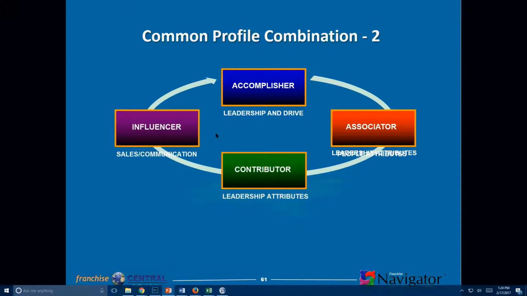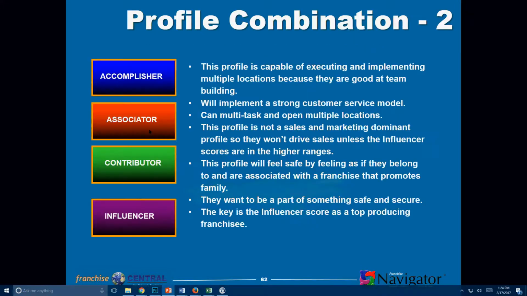The accomplisher associator contributor, where the least is the influencer, they're definitely capable of being able to execute multiple franchises, multiple locations. Now, what's interesting is the accomplisher associator contributor, depending upon the percentages, is the profile of a multi-unit operator. They tend not to be predisposed. So, for instance, they're not going into the game wanting hamburgers or hot dogs or mufflers or this or that.